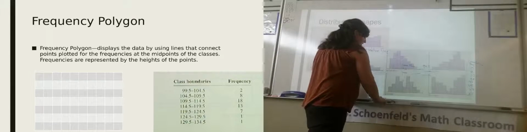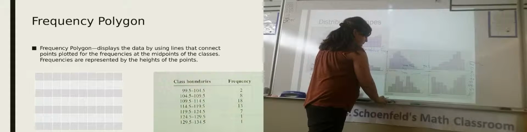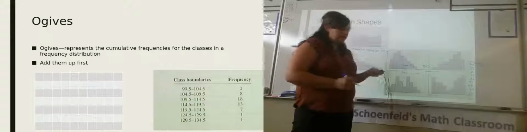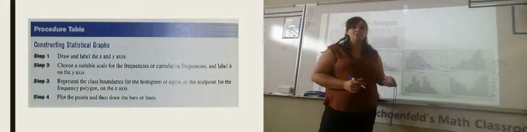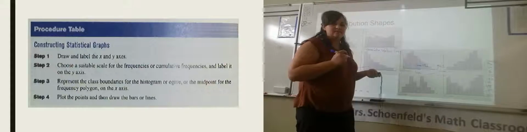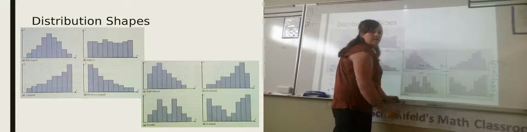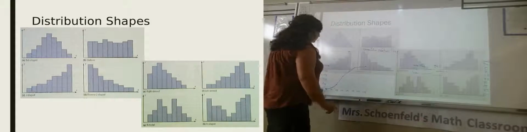Okay, we also have to talk about the shapes of different graphs. Let me see here, that's going to change my slide. Okay, your procedure table is listed right there for that slide. It is also in your book. Then we have different types of distribution shapes.